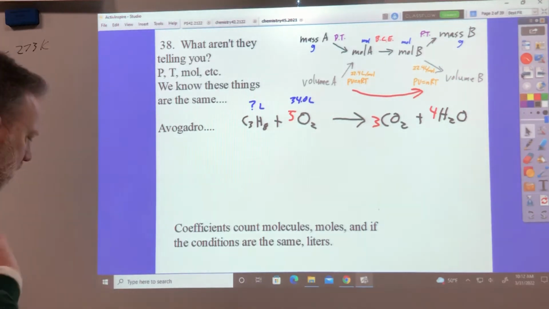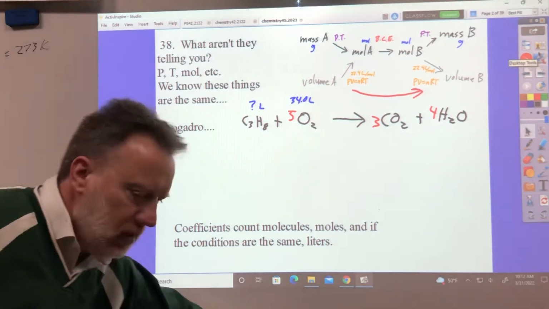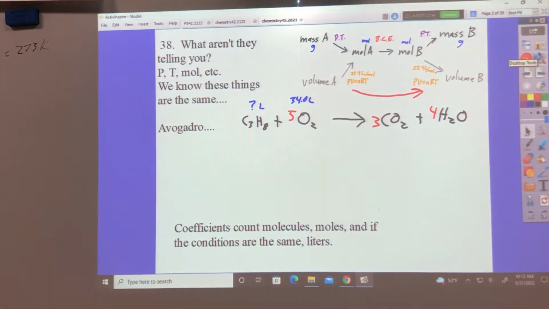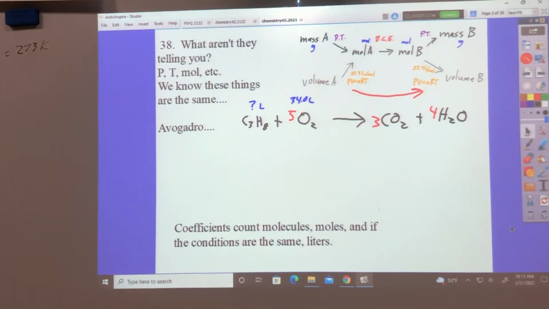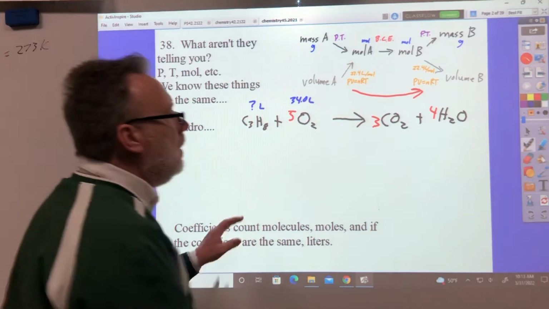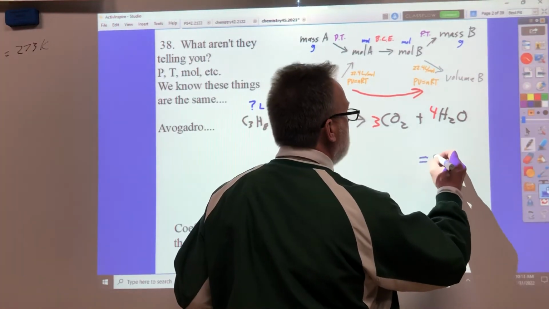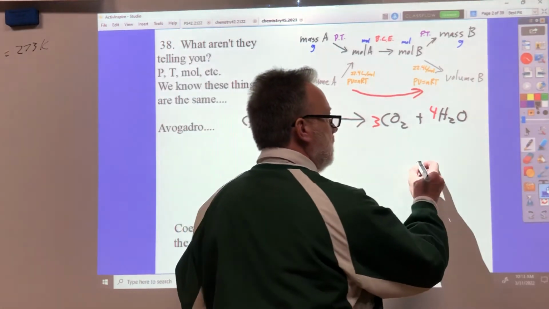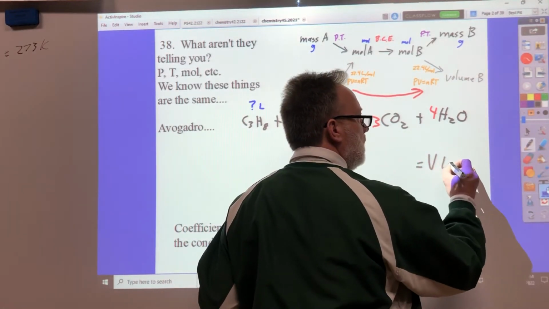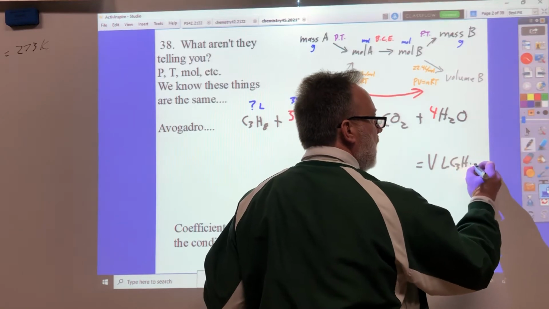Let me show you what I mean. Okay, so reading the problem again, I have to look for what I'm looking for. How many liters of propane gas? So we are going to go equals V liters propane, C3H8.